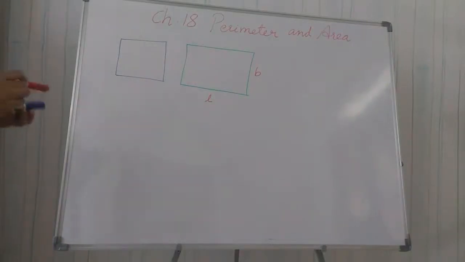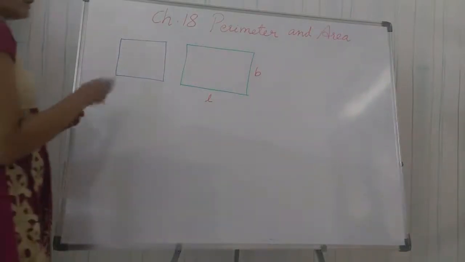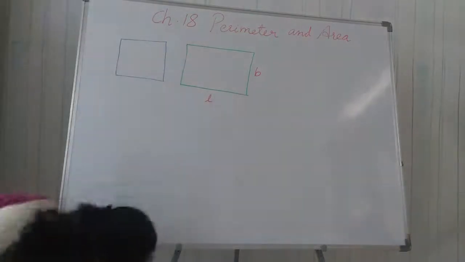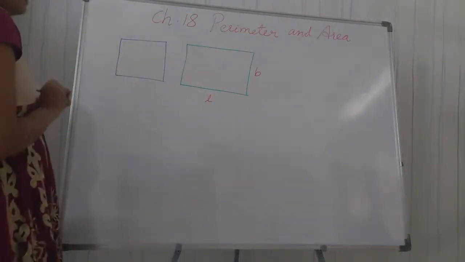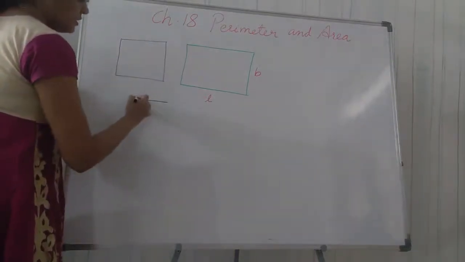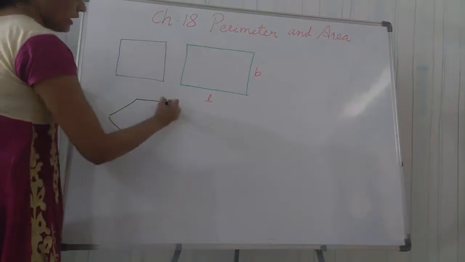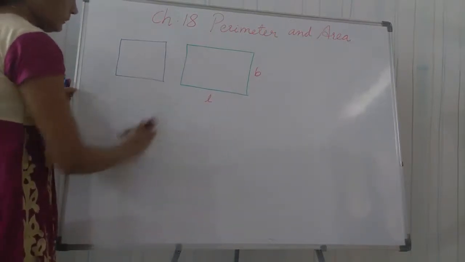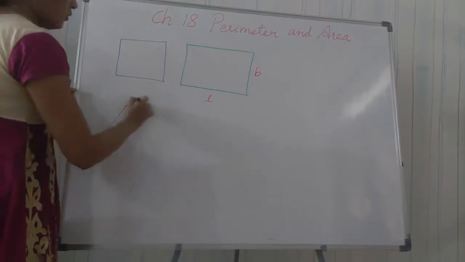Now another figure we can take is a quadrilateral. Quadrilateral means it has four sides and four vertices, but the shapes may be quite different like this, or you can draw it differently in this way also.